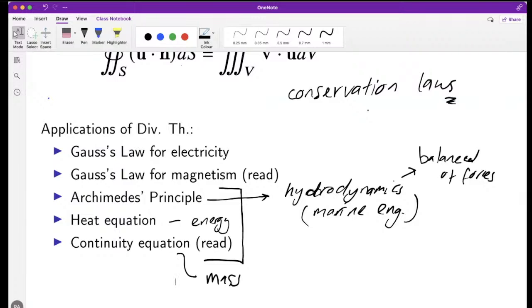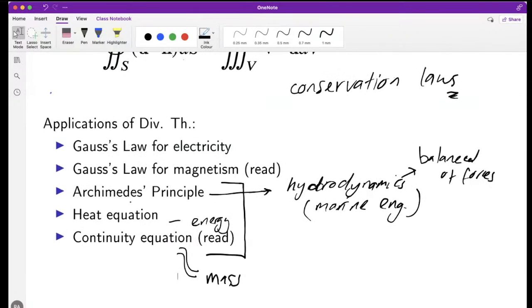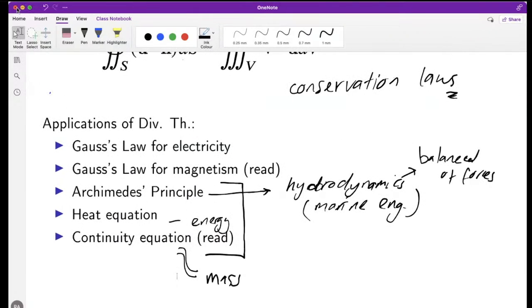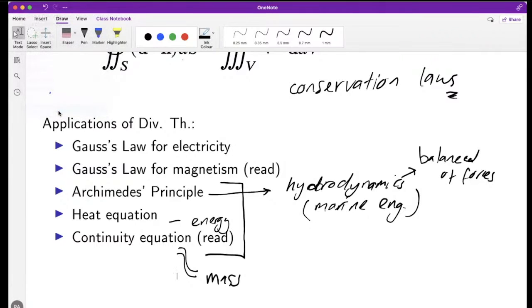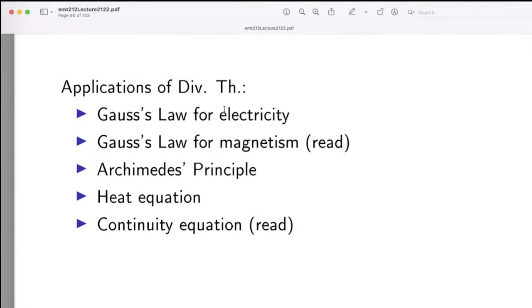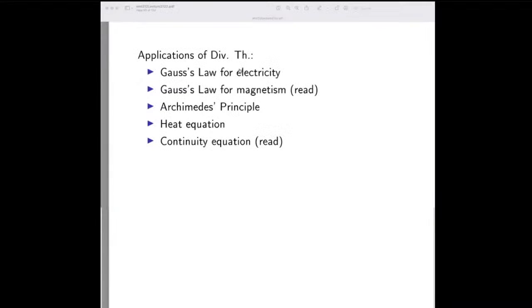And just to give you what you should expect in terms of what I usually ask in tests or exams. For example, in Archimedes principle, this happens again, so I have to restart. Okay. Give me a second here.